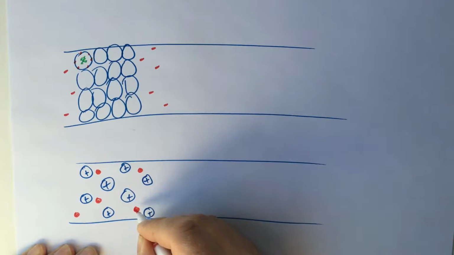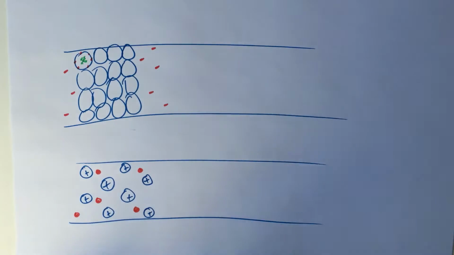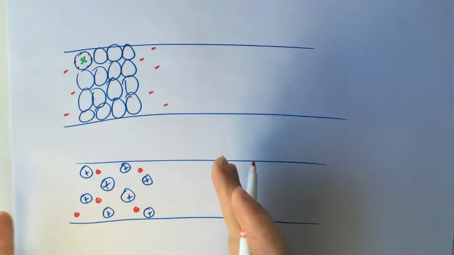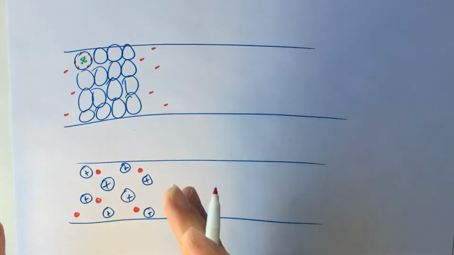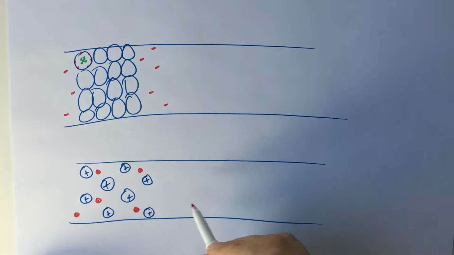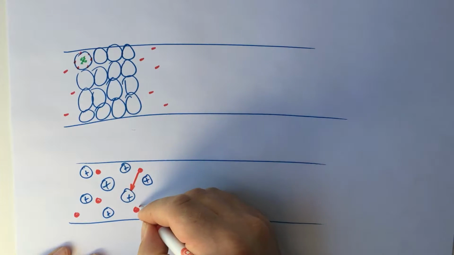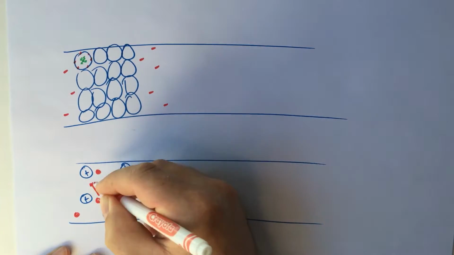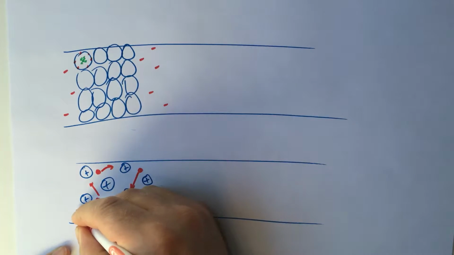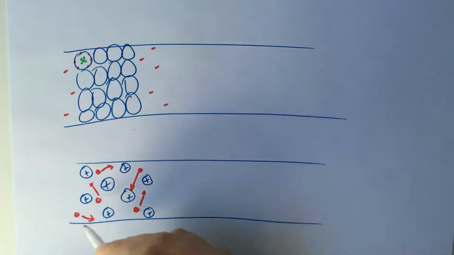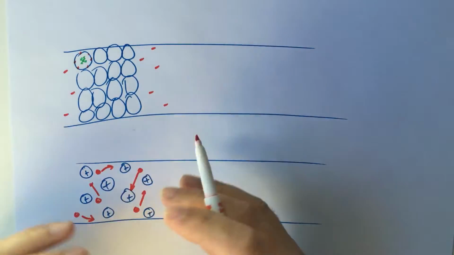positive ion lattice, right? So these free electrons, if there's no net charge or no potential difference between the two ends of this wire, just bounce around randomly and bump into these ions and start heading the other direction. And so they just randomly bounce around.